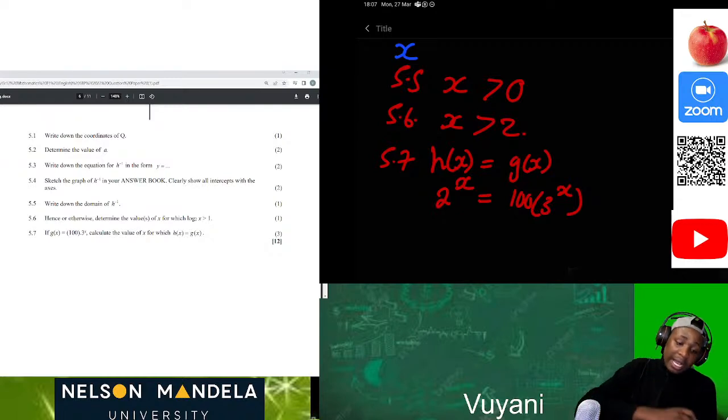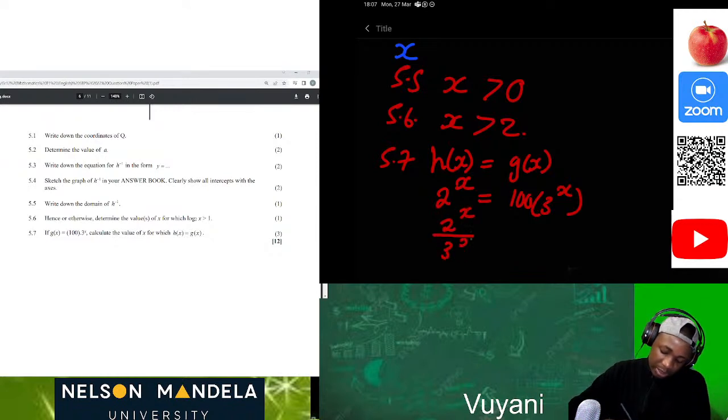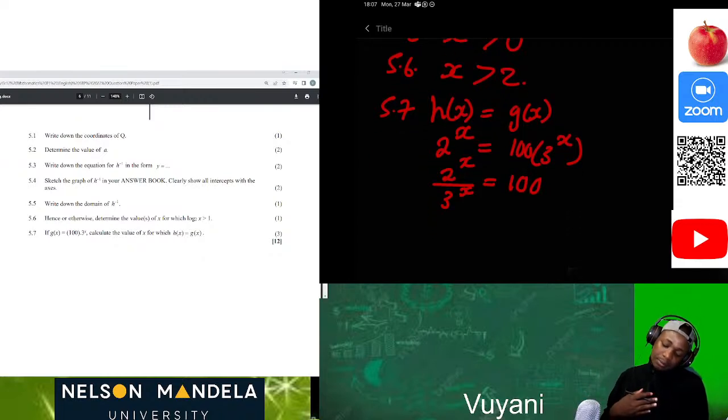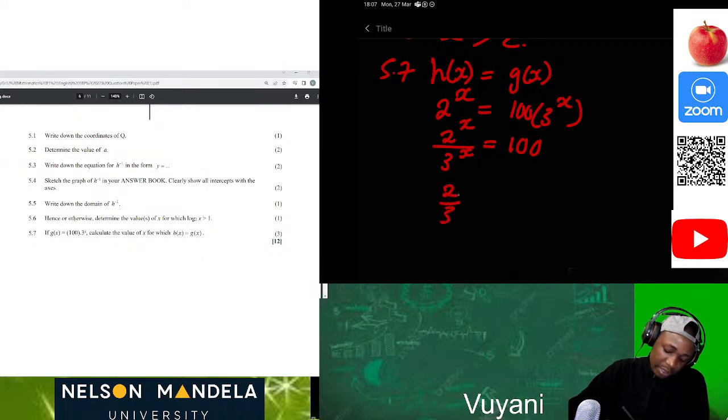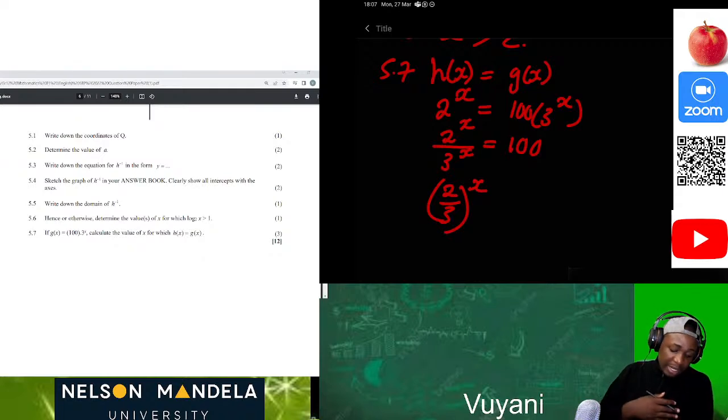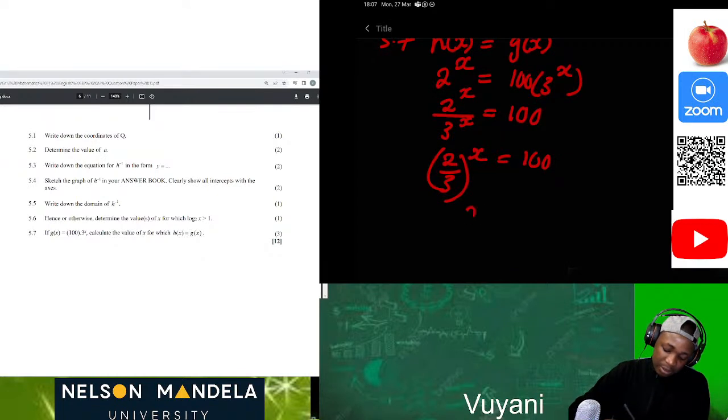Now they say calculate. This is a bit tricky, but this is what we do. 2 to the power x over 3 to the power x is equal to 100, guys. Then we know that (2 over 3) to the power of x is equal to 100. Then we can just apply the log. Now x will be log base 2 over 3 of 100.